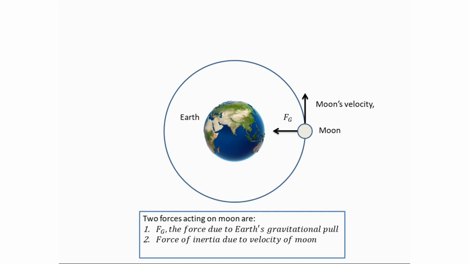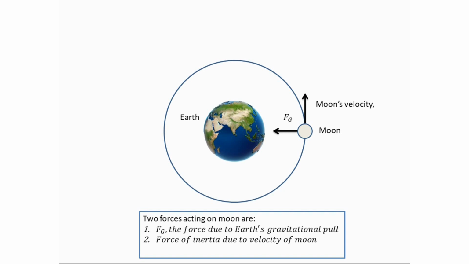If there were no gravitational pull of the earth, the moon might have travelled in a straight line anywhere in space due to inertia. Thus, the gravitational pull of the earth and the force of inertia of the moon are responsible for the moon's movement around the earth in a particular orbit with a uniform speed. This state of motion of the moon with uniform speed is called dynamic equilibrium.